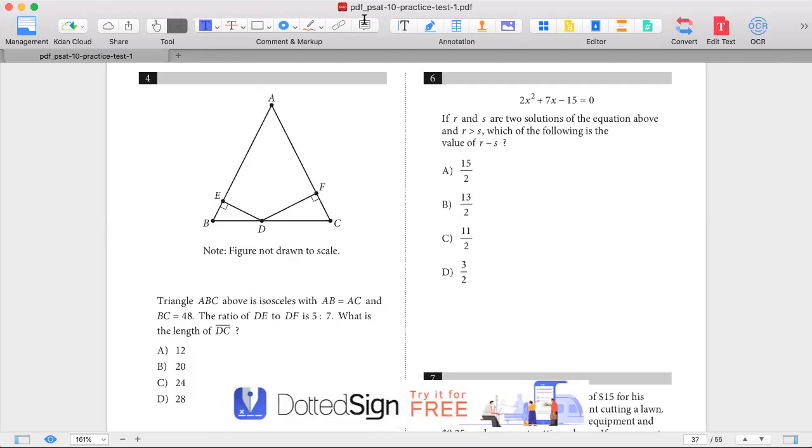Let me write here first what is given to me. That is BC is equal to 48.